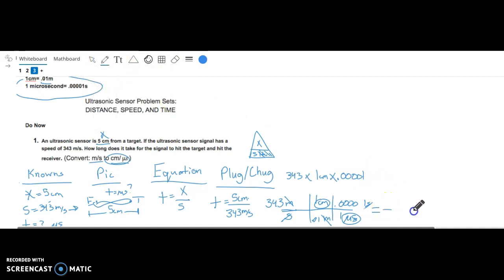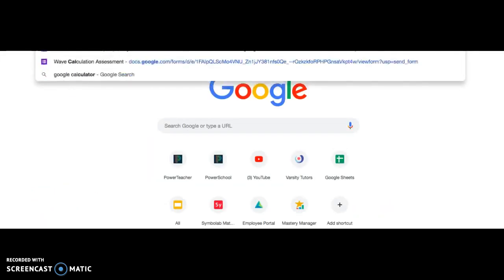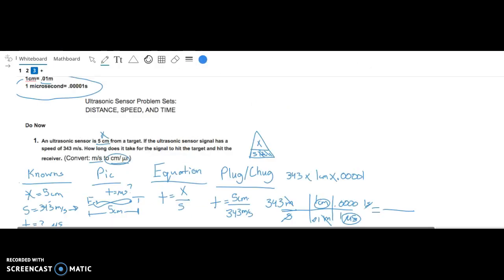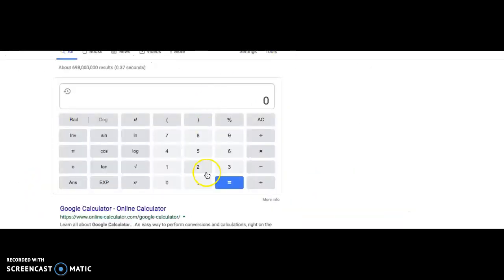Okay, so if we go to our calculator, 343 times 1 times 0.00001.